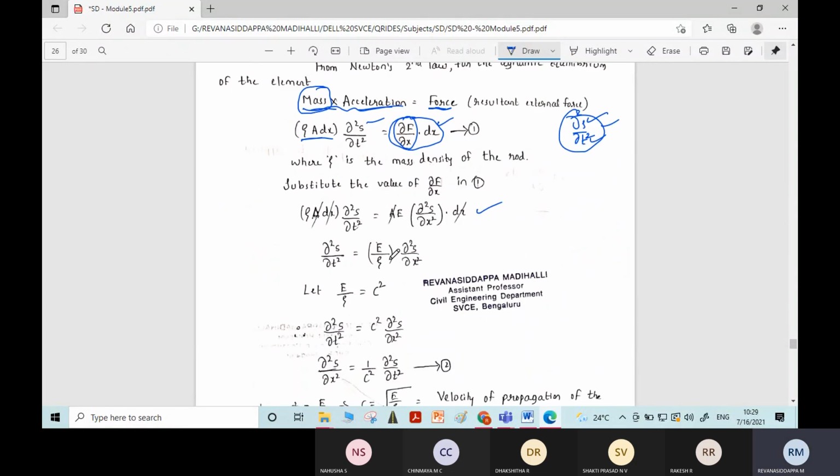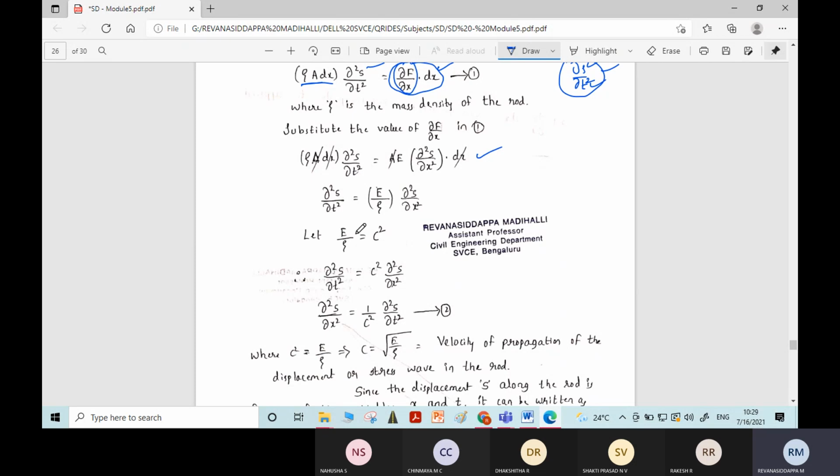Now after simplifying on both LHS and RHS, this A into dx will get cancelled. The final expression you will get is del square s by del t square is equal to E by rho into del square s by del x square.